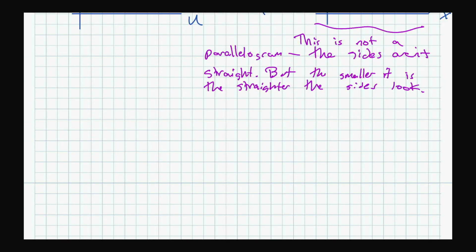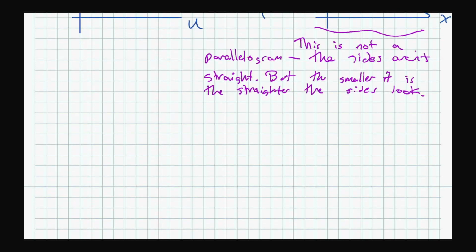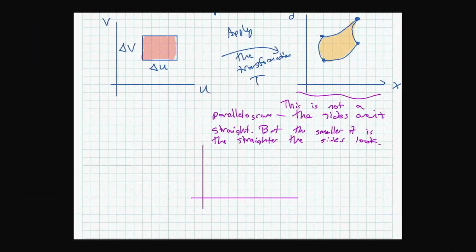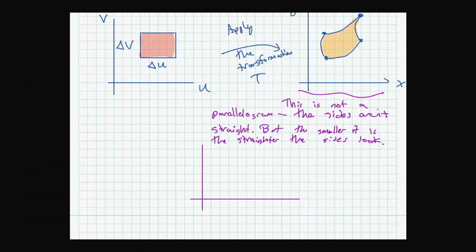So instead of the picture that I drew, let's look at this picture. Well, I couldn't even draw a straight line there. So let's try to draw kind of the same looking shape here.